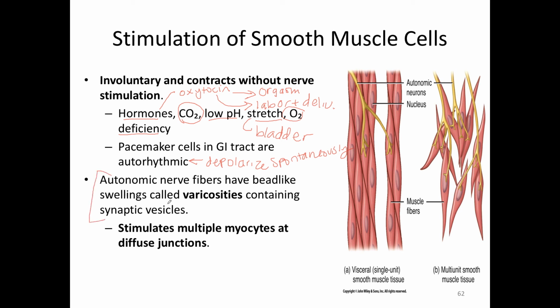Continuing with our theme of this being different from skeletal muscle, autonomic nerve fibers have bead-like swellings called varicosities, and these contain synaptic vesicles. A varicosity might look like this, where there's an axon, and there's a varicosity, and there's another one, and there's another one. The place where the vesicles are is not the end of the cell.